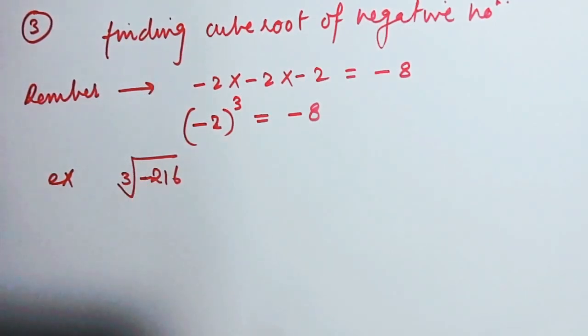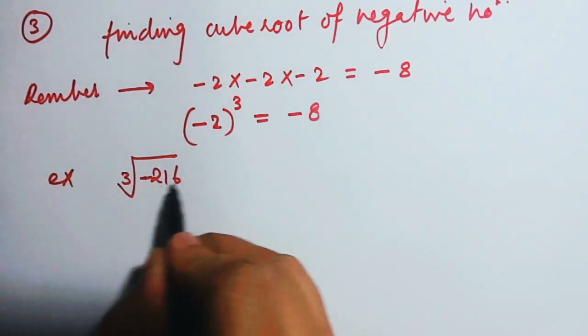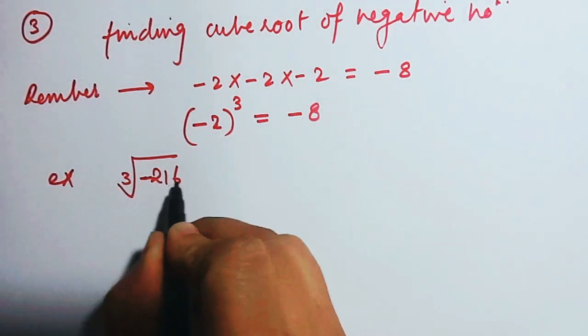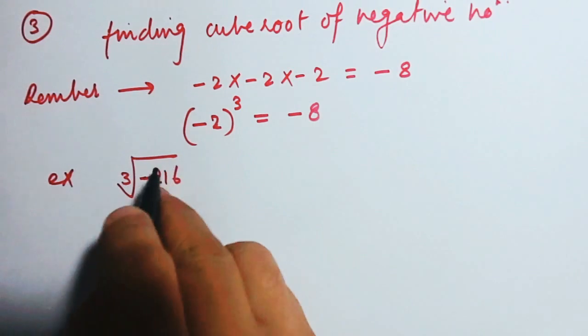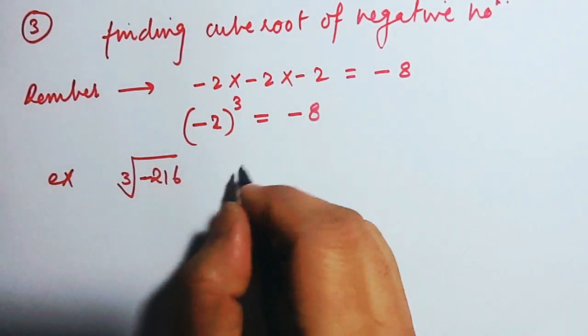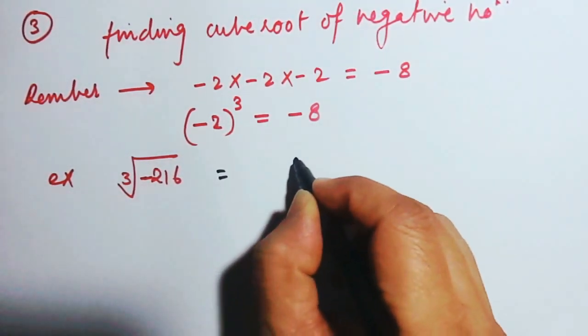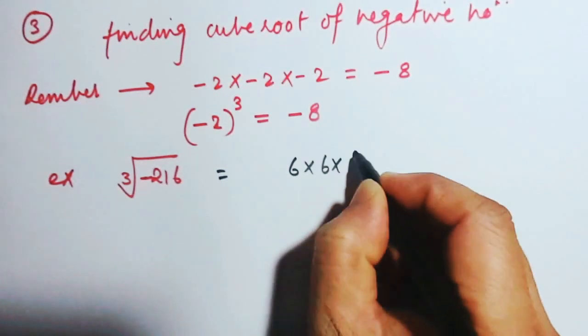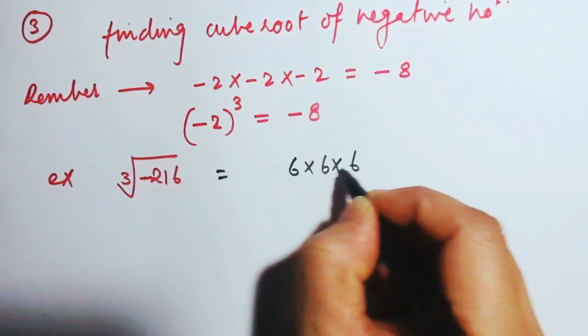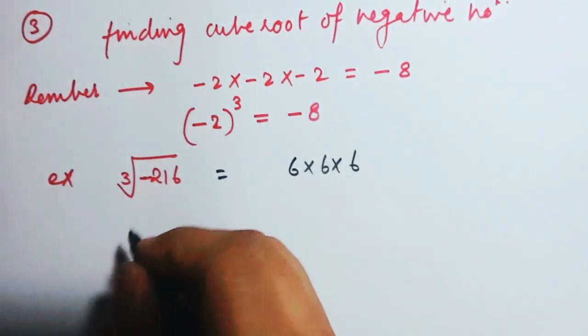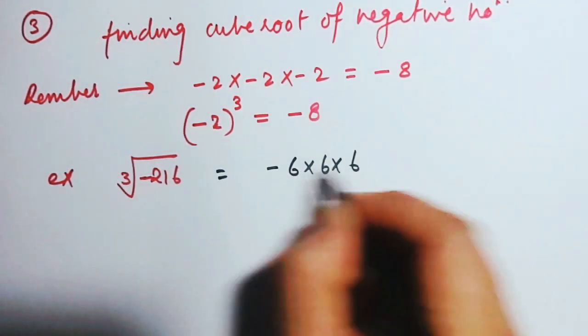See, this is a negative number. When you factorize 216, you will get 6 into 6 into 6. 6 6s are 36, into 6. Clear? So minus 6 into 6 into 6.